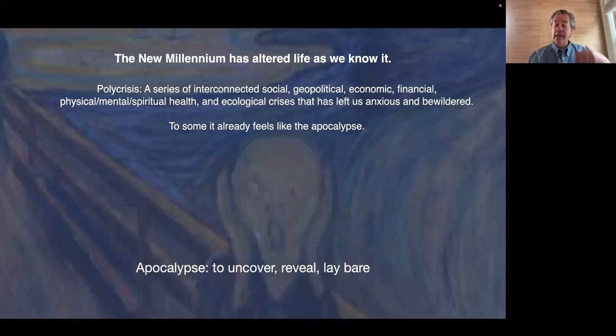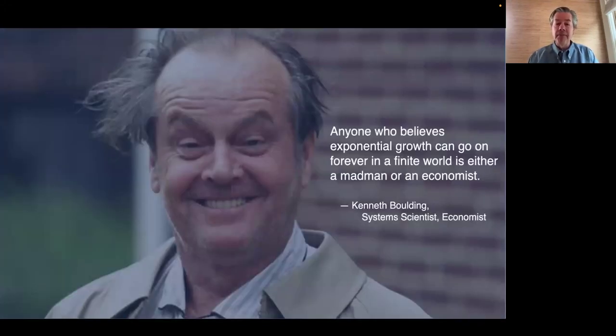So, literally each year, the complexity increases, and interestingly, the word apocalypse actually means to uncover or to reveal. And so in a sense, I believe we are going through an apocalypse in the literal sense, because we are uncovering and revealing some fatal flaws in the way we see and think about the world.